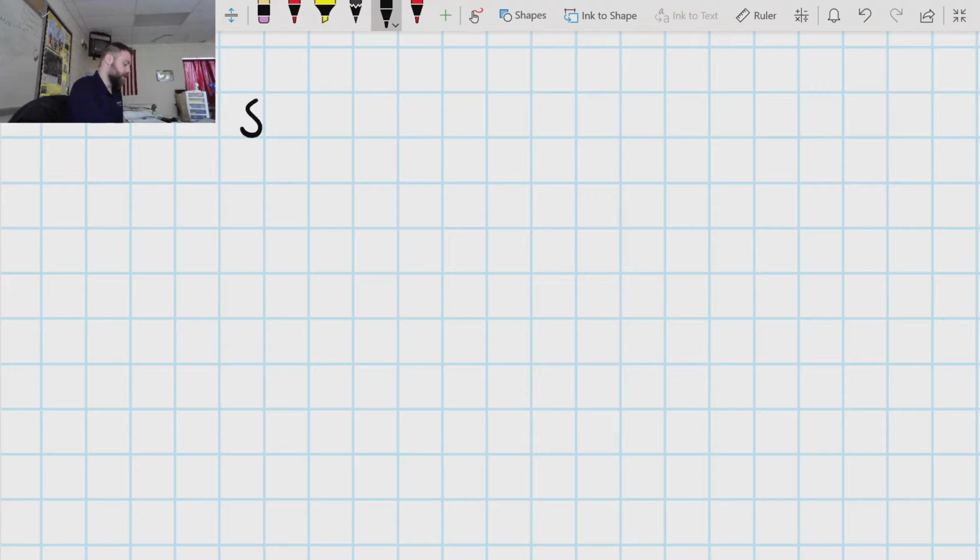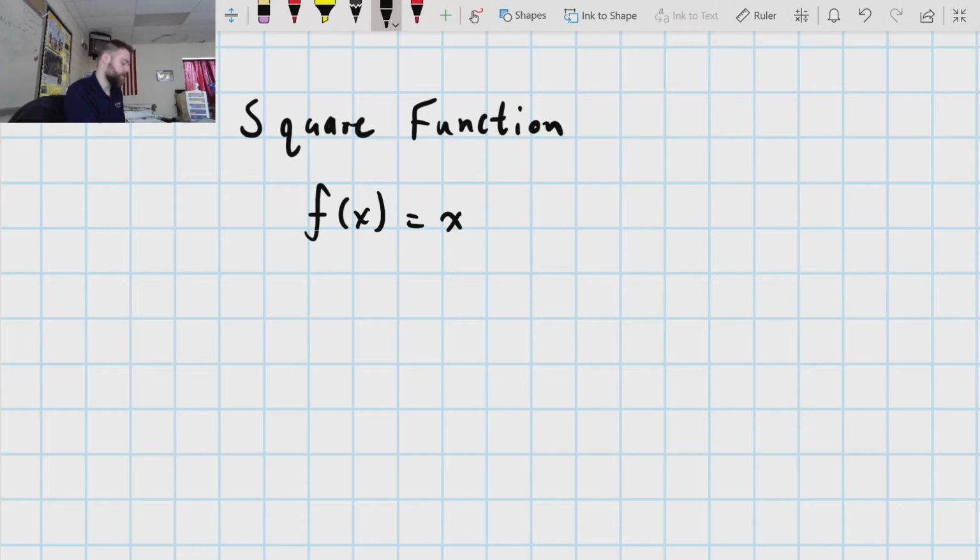Next function I want to talk about is the square function. Okay, and so I'm going to use f of x again and call it x squared. So remember, f of x just means y, and you'll also see y equals x squared.